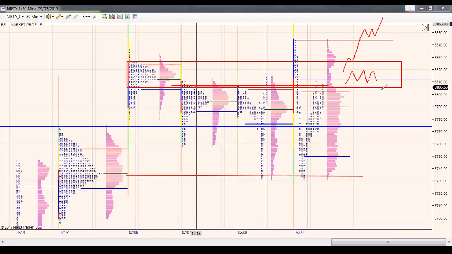So if we start finding acceptance in this fairest price, then immediately the test of this high opens up. Not sure whether we'll then move much higher above this level, because then value will be forming lower in this range. So moving away from value above FA, I don't think will be that easy. But if we just straight away open higher and start accepting above this high, then we have a big move possible.